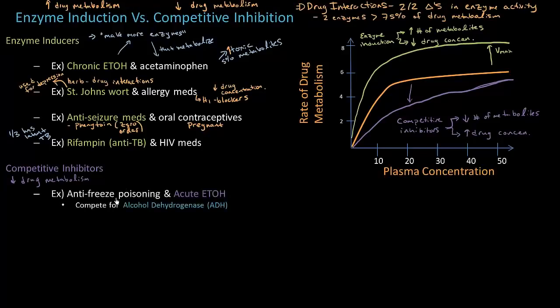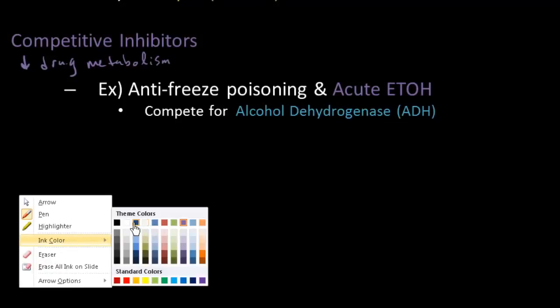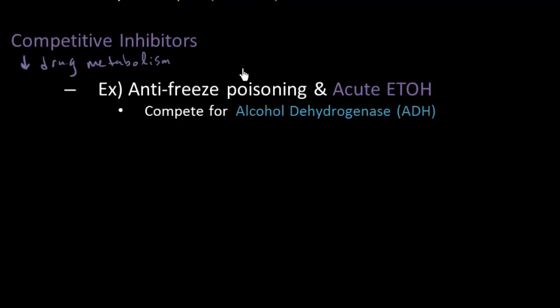So the example that I like the most with competitive inhibitors is antifreeze poisoning and treating that poisoning with alcohol. And I wrote acute here to differentiate it from before when we talked about chronic alcohol use, which was actually an enzyme inducer. So antifreeze. Well, first, what is that component in antifreeze which is so toxic?